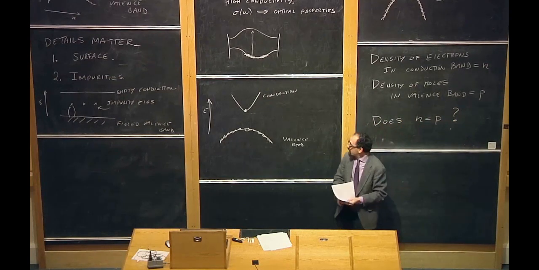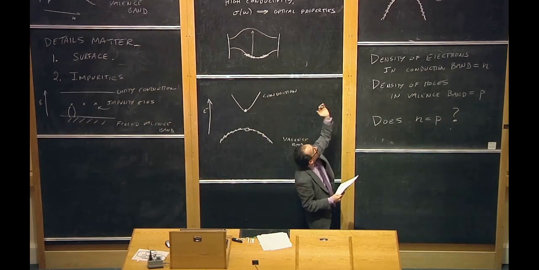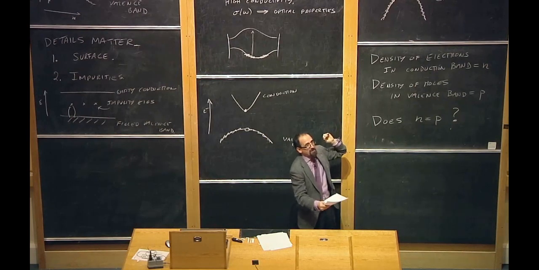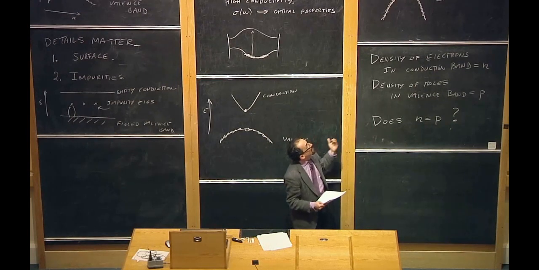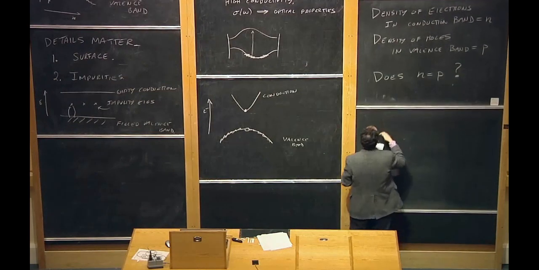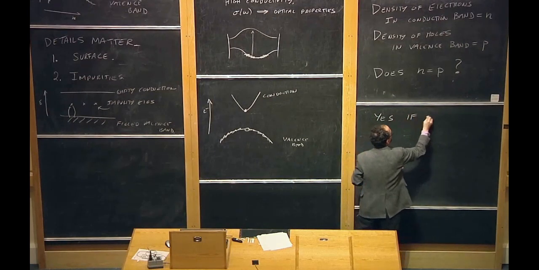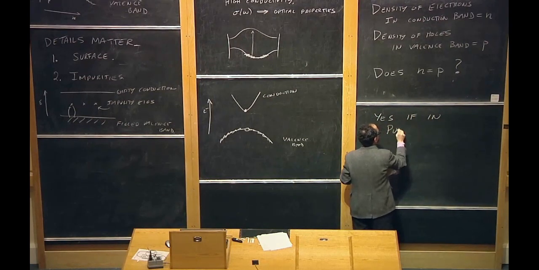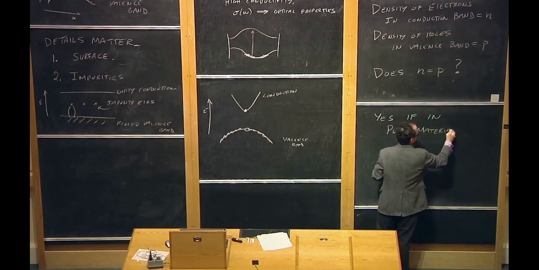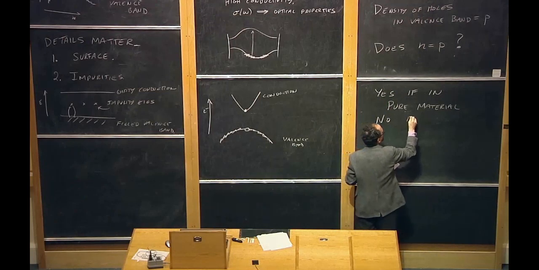Because every time I created an electron, I created a hole, and in that picture up there, every time I transferred one electron from one band to the other, I created both an electron in the conduction band and a hole in the valence band. So it looks like the answer is yes, but it's going to be sort of a qualified yes. Yes, in pure material, no with impurities.